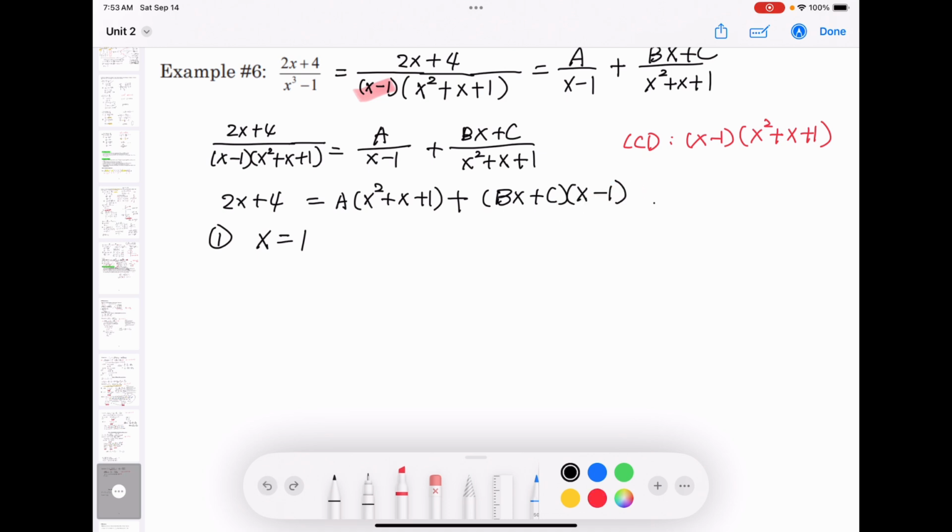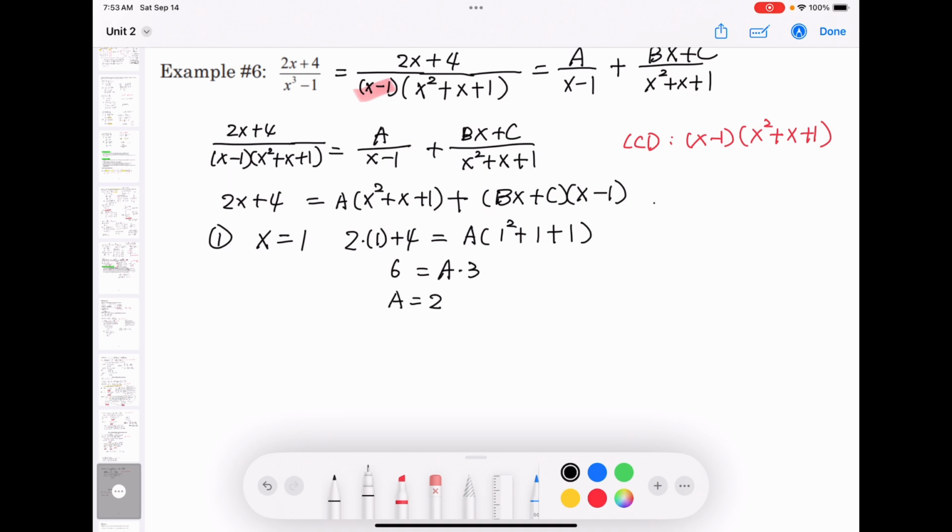So we have 2 times 1 plus 4 is equal to a times 1 squared plus 1 plus 1, plus 0. Let's solve for a. We have 6 is equal to a times 3. A is equal to 2.